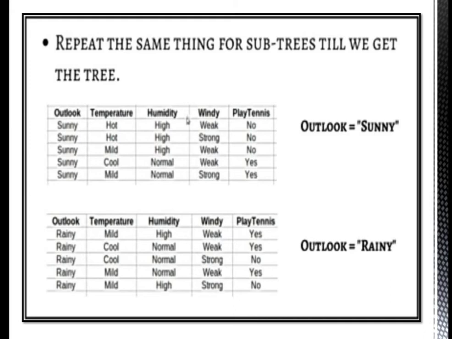That is, we find the entropy of the data set, then the information gain for each attribute, then the attribute with the highest information gain, and we take that attribute as the best attribute. And also for outlook equal to rainy, we have to find the attribute which has the highest information gain in the same procedure.